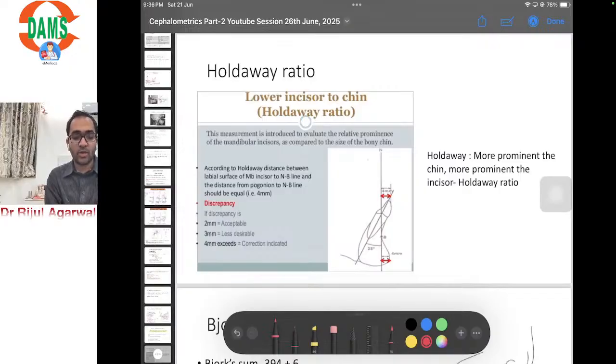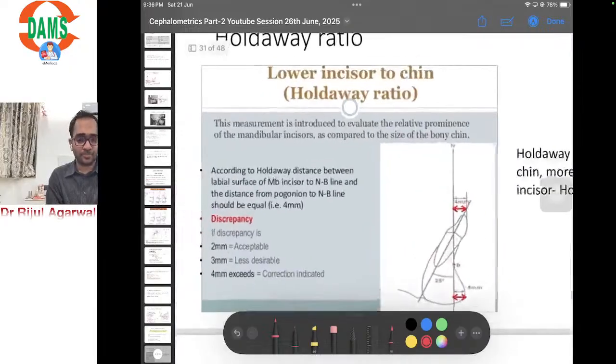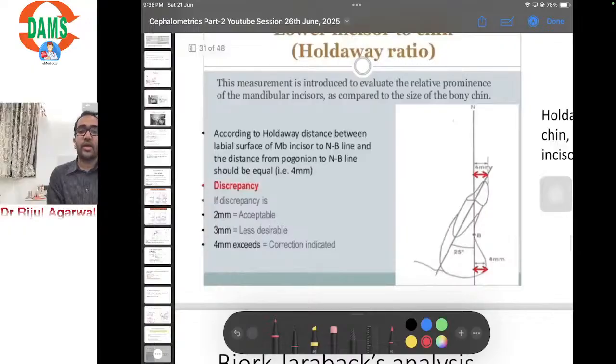It is the ratio of the lower incisor to the chin. So it is used to evaluate the relative prominence of the incisors as compared to the size of the bony chin. So according to Holdaway, the distance between the labial surface of the mandibular incisor to the NB line and the distance from the pogonion to the NB line should be equal.